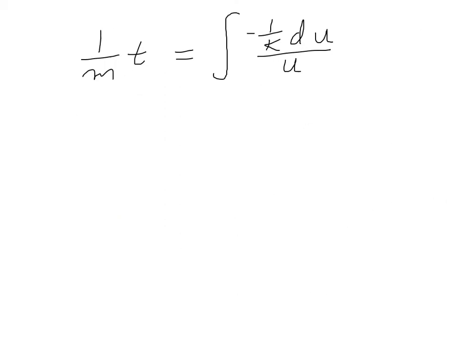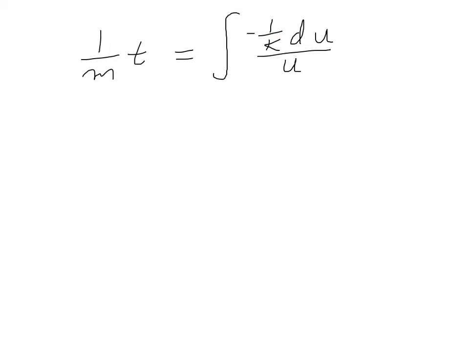Now I want to get rid of this minus 1 over k. Remember, the whole left side of the equation is 1 over m t, and I've got this minus 1 over k here, so I'm going to multiply both sides by minus k.